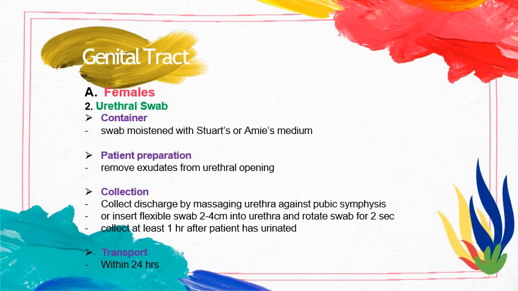And we have your urethral swab for females, with a swab moistened with Stuart's or Amies medium as the container. Remove exudates from the urethral opening, and collect the discharge by massaging the urethra against the pubic symphysis, or insert a flexible swab 2 to 4 centimeters into the urethra and rotate the swab for 2 seconds. Collect at least 1 hour after the patient has urinated, and the transport is 24 hours.